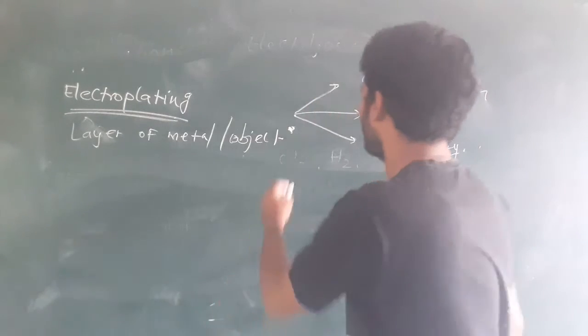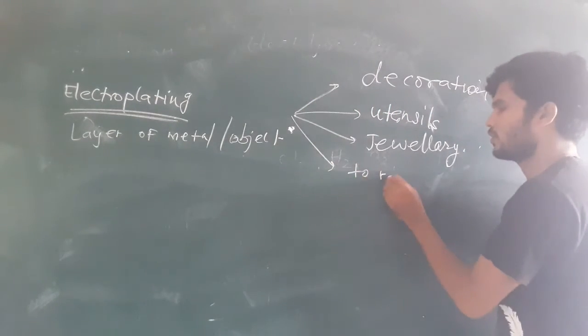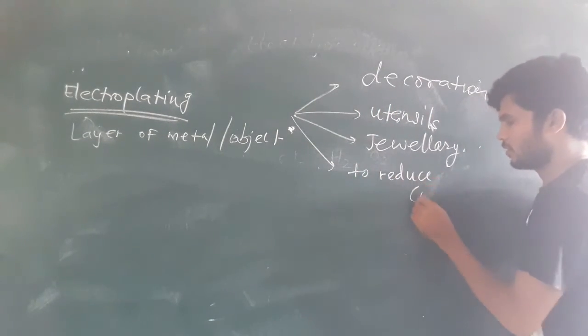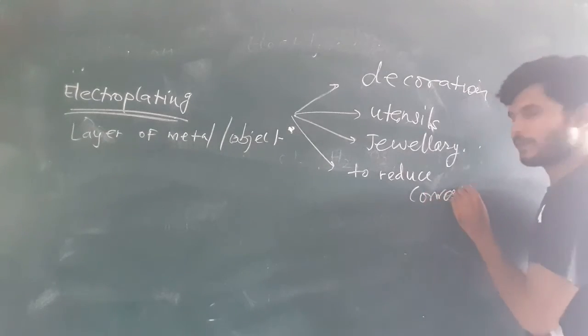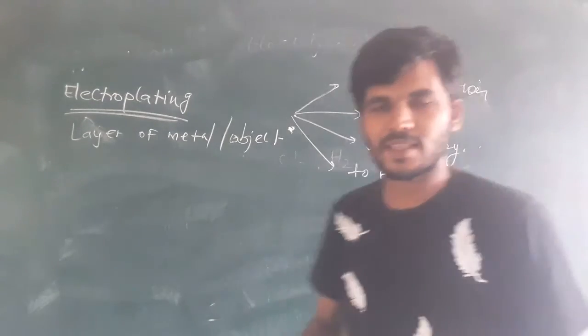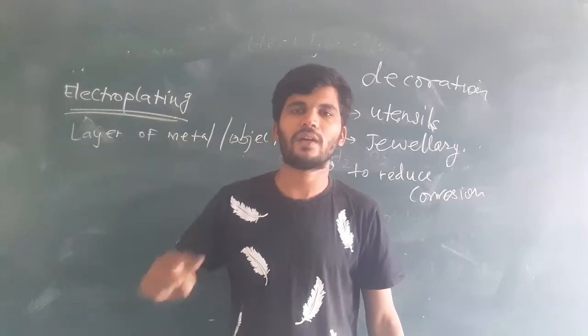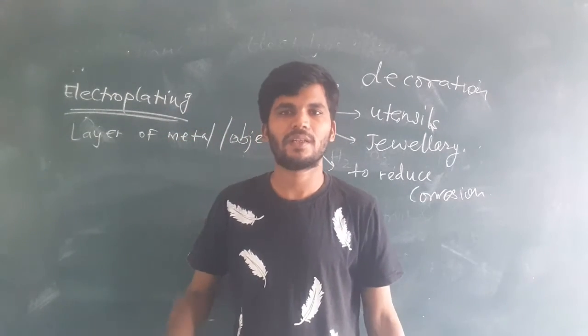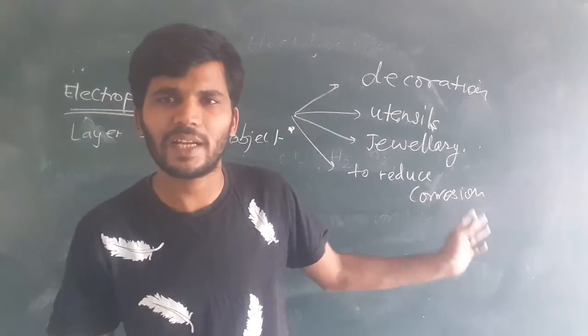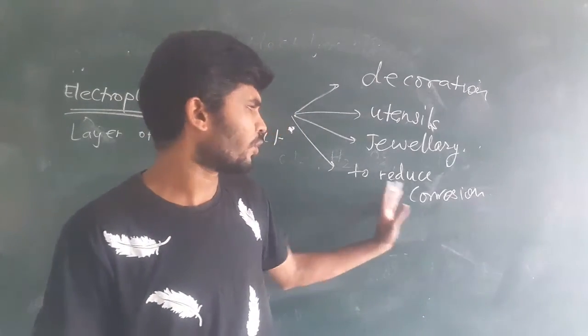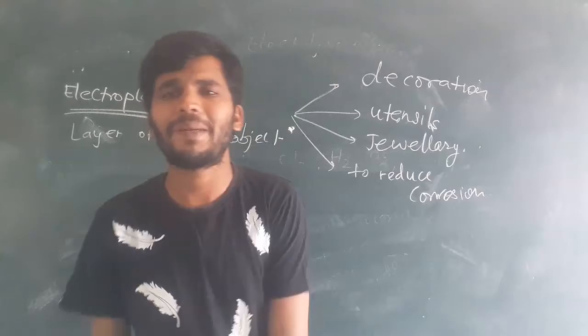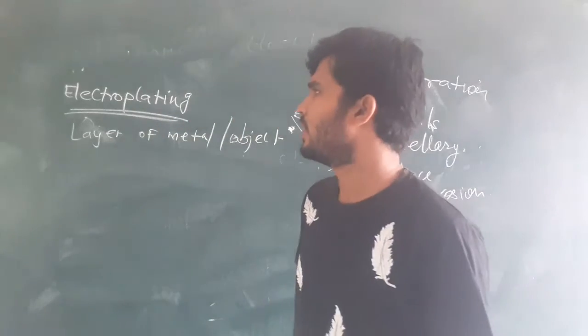And to reduce corrosion: if iron is getting rust, right, rusting of iron, so if you put a coating on that iron piece, then you will not get the corrosion, जंग नहीं लगेगा उसको, rusting नहीं होगा. So to reduce the corrosion, these all are the applications of electroplating.